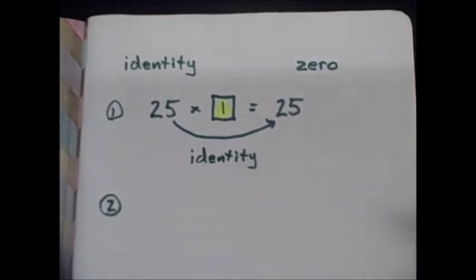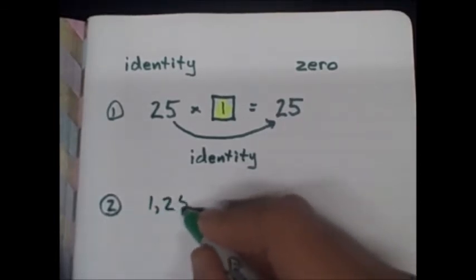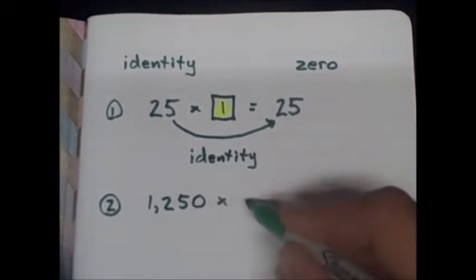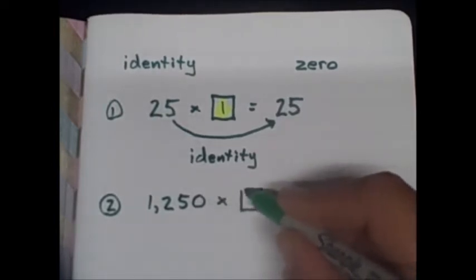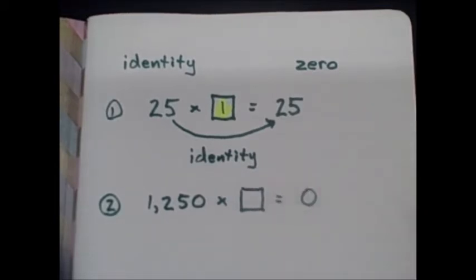Let's try a second one. Let's suppose that we had 1,250 and we multiplied it by another factor and our product was 0. What is the missing number and what property of multiplication am I using? You may pause the video while you work.